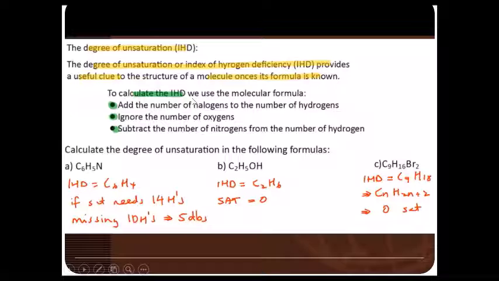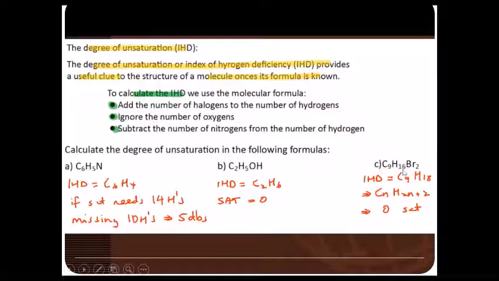we use the molecular formula. We add the number of halogens to the number of hydrogens, we ignore the number of oxygens, and we subtract the number of nitrogens from the number of hydrogens. Let's do the first one first, because I'll explain that a bit better.